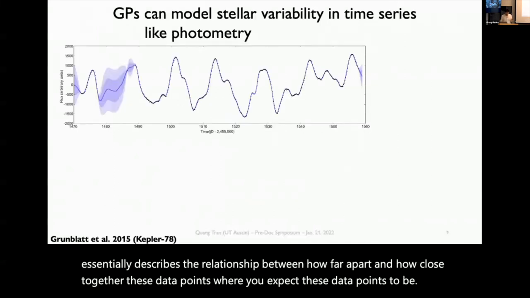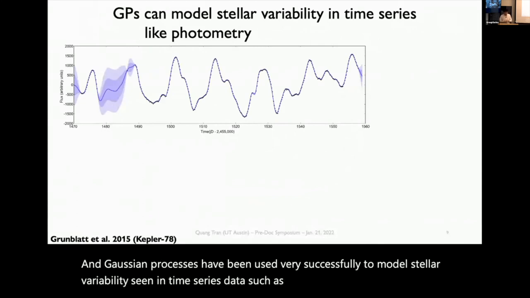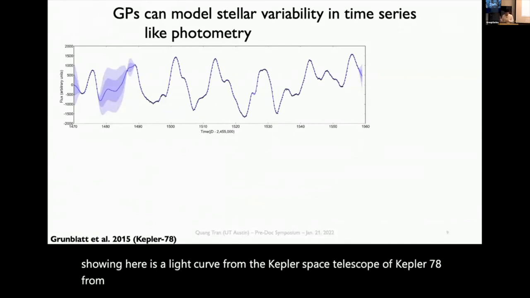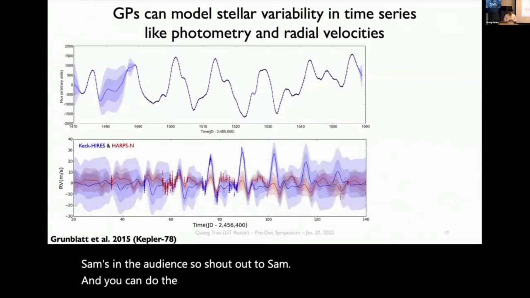Gaussian processes have been used very successfully to model stellar variability seen in time series data, such as photometry. What I'm showing here is a light curve from the Kepler Space Telescope of Kepler 78 from our own Sam Grunblatt and his team back in 2015. I made sure Sam's in the audience, so shout out to Sam. You can do the same in your RV data.